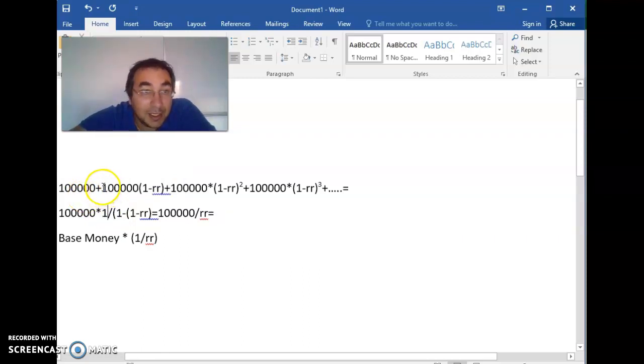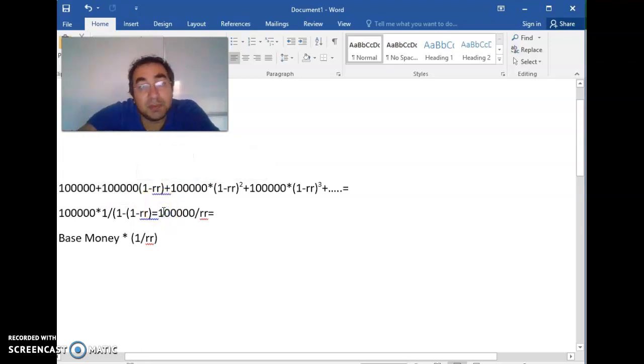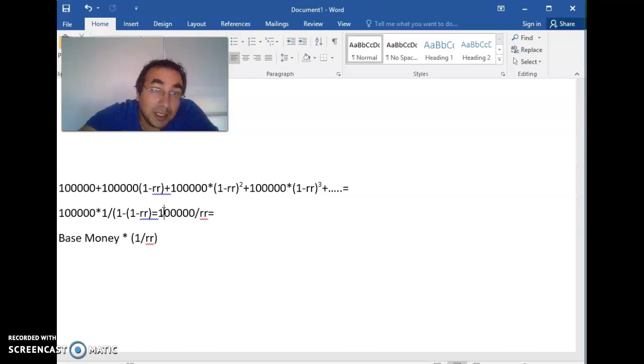Then the bank keeps the amount equal to $100,000 times the reserve ratio, the percentage you want to keep in reserves, and sends the rest, which is 100,000 times 1 minus RR, back to the economy. Then this 100,000 times 1 minus RR comes back to the bank.